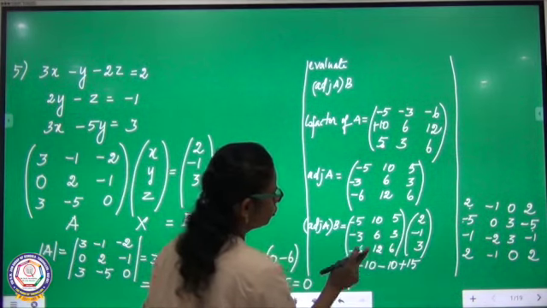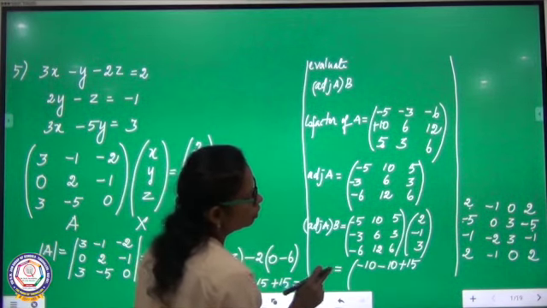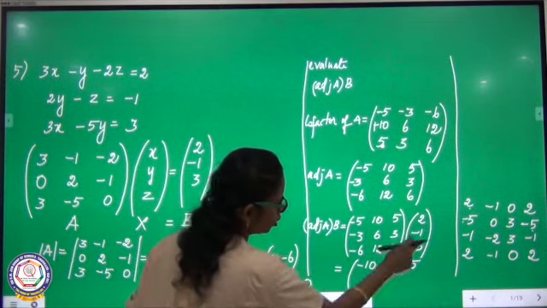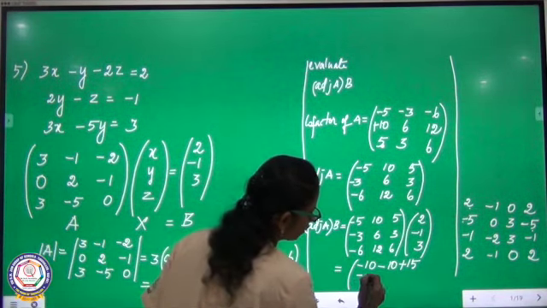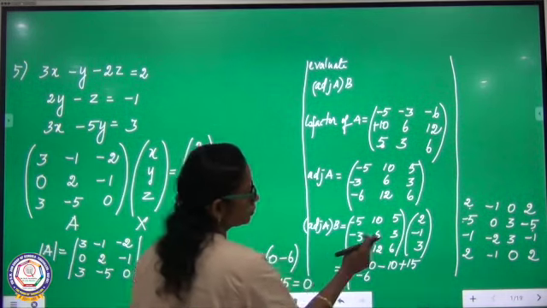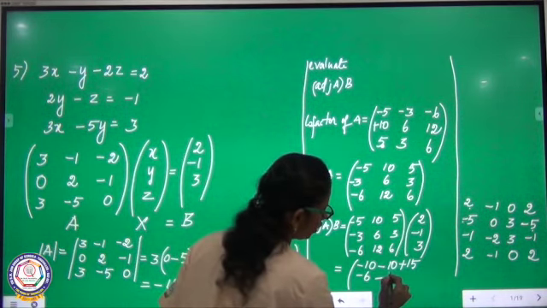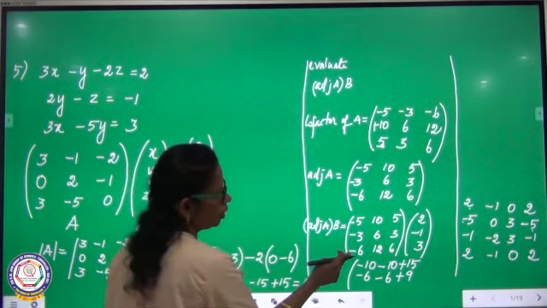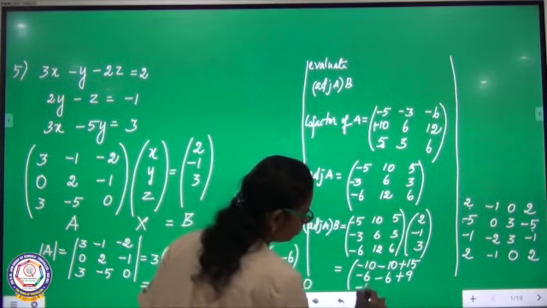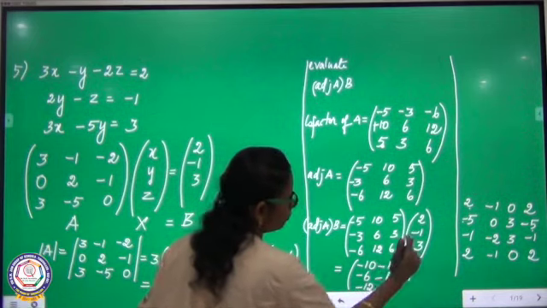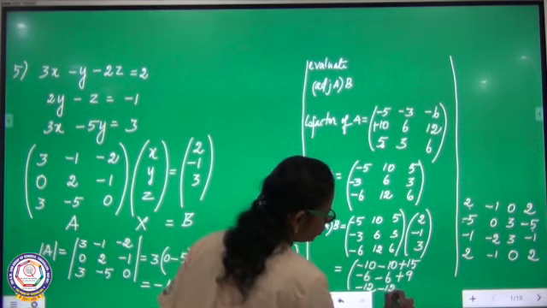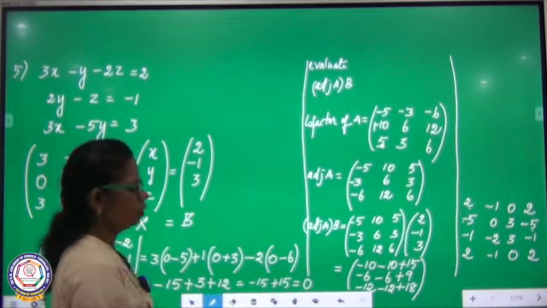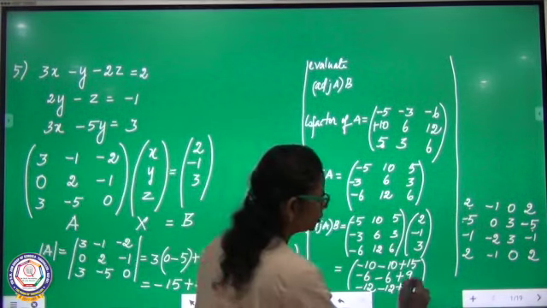Minus 5 into 2, minus 10. Next, second row, this column, right? Minus 6, minus 6 plus 9. Here, minus 12, minus 12 plus 18.